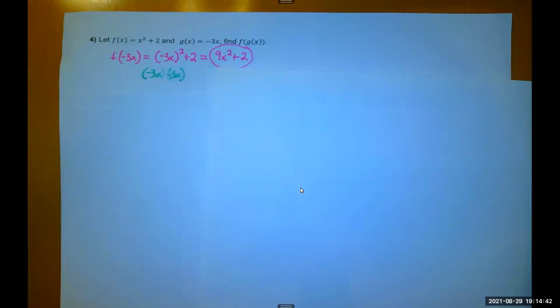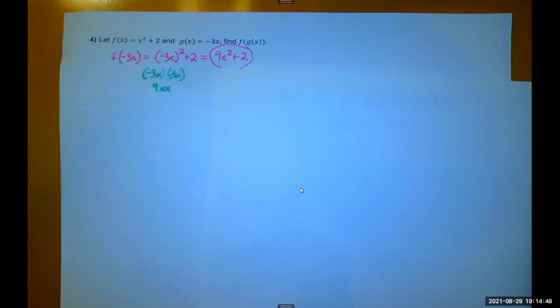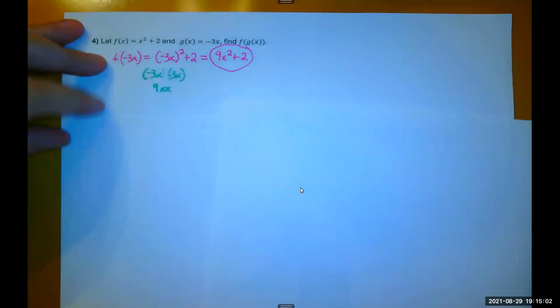The -3 times -3 makes +9. And then we have x times x, and we write x times x as x squared. As always, we consider like terms. There aren't any. That means we are done simplifying.